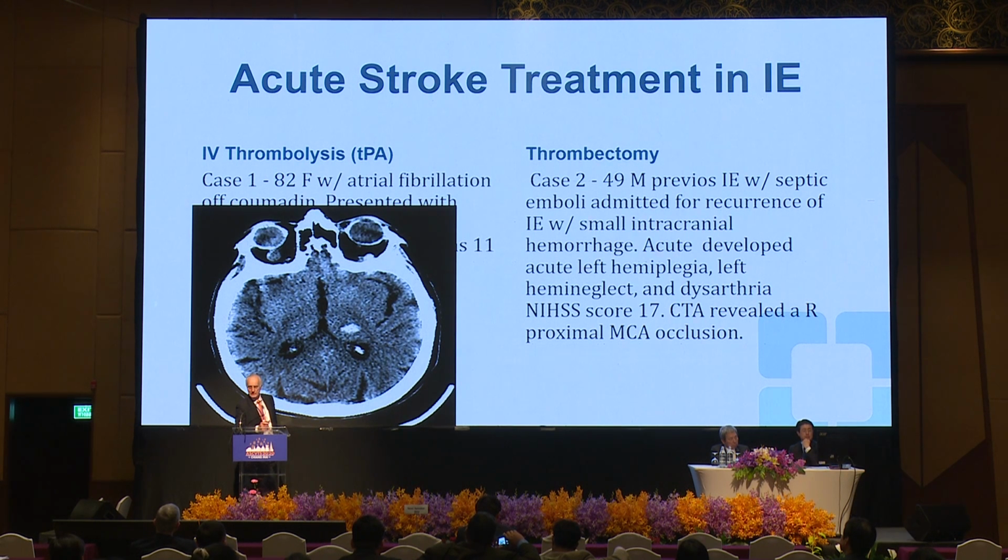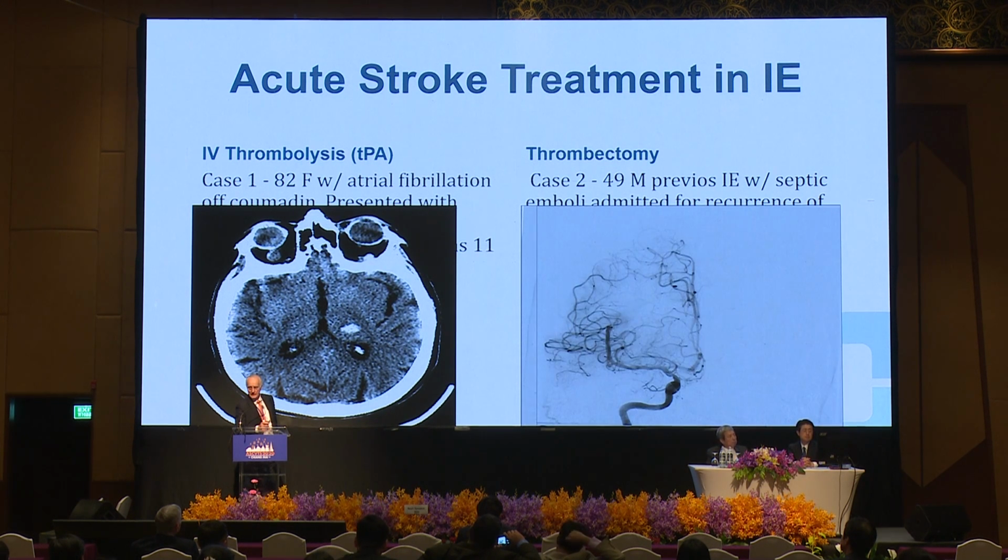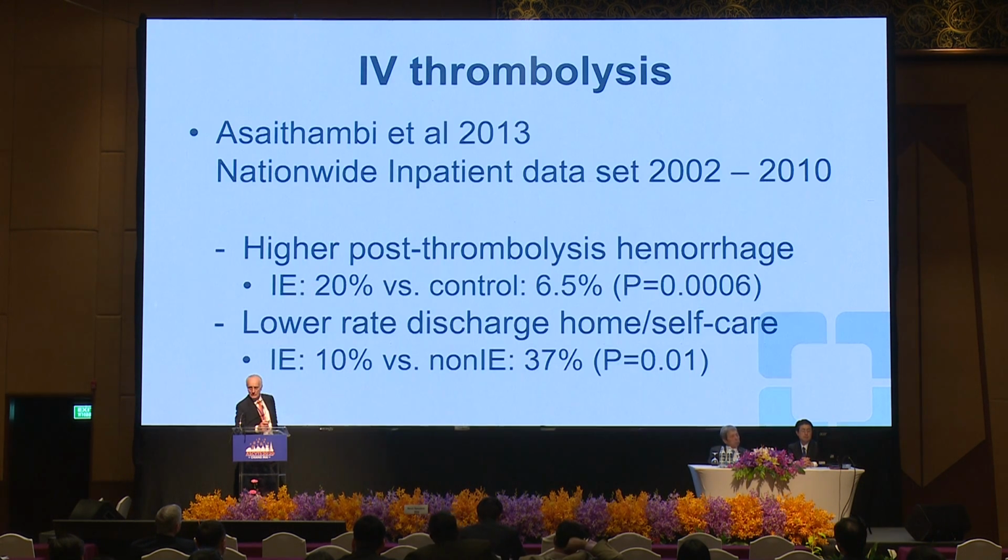That's for a young patient who had, say, an embolus to the MCA and had that extracted and got reperfusion of that area. Thrombolysis is, as we can anticipate, associated with a risk of post-thrombolysis hemorrhage, and the risk is higher if the patient is an endocarditis patient than if it's not.